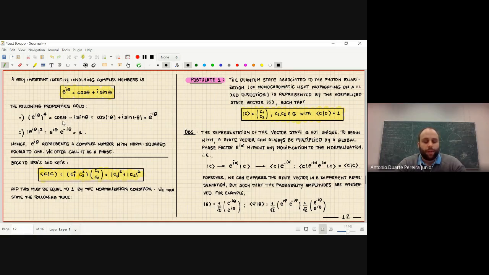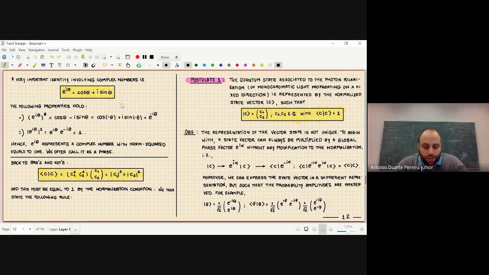But the cosine has the property that cosine of theta is the same as the cosine of minus theta, so I can just replace cosine of theta by cosine of minus theta. And minus sine of theta is the same as plus sine of minus theta. So I'm just using trigonometric identities to go from the left to the right of this equation.